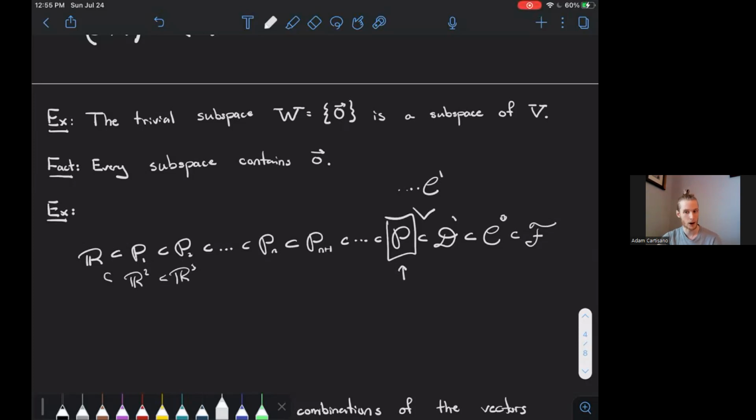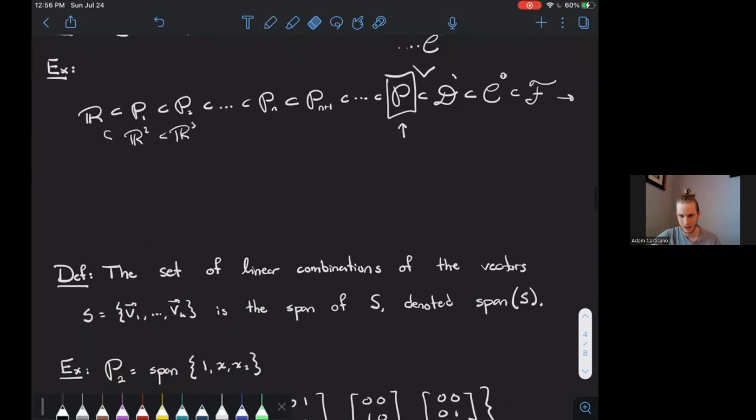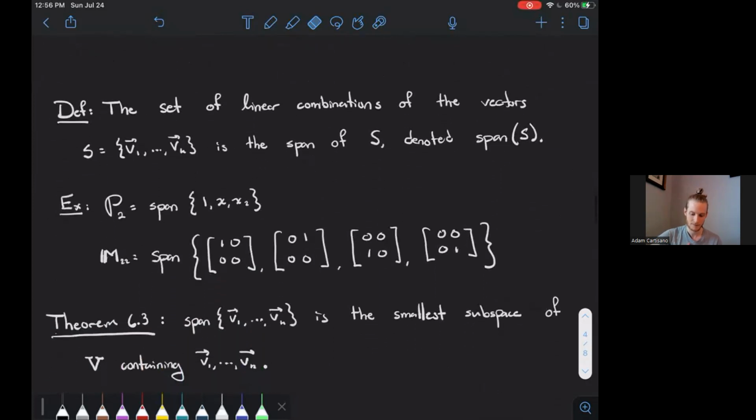And the space of all polynomials lives inside this infinite chain of differentiable and continuous some number of times functions. And all of those are inside of the set of real valued functions. And if you're wondering if there's more going this way, oh yeah, there's a lot of vector spaces out there. So I'll leave that to your imagination, I think.